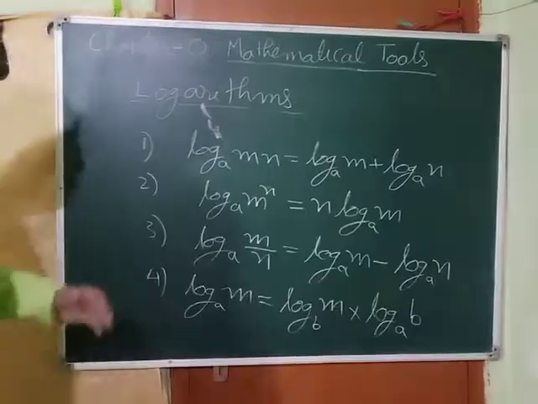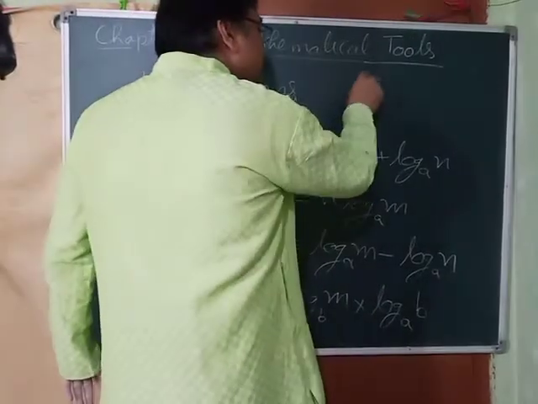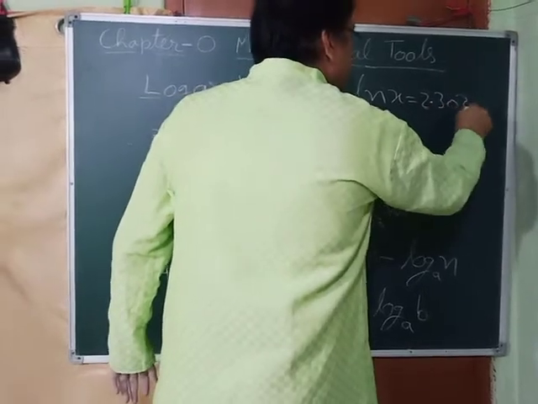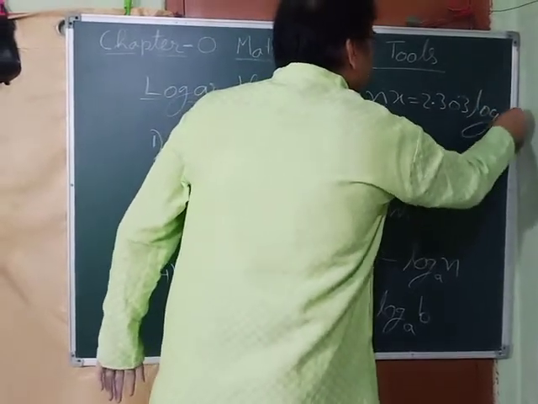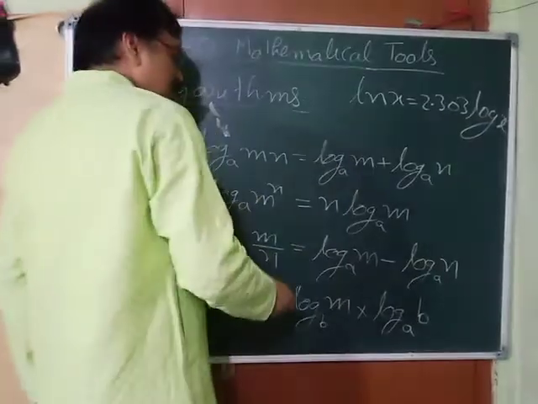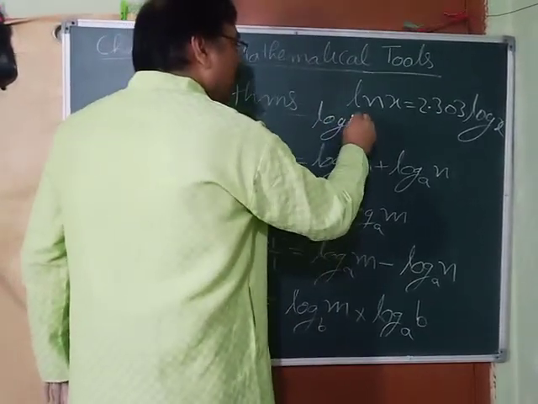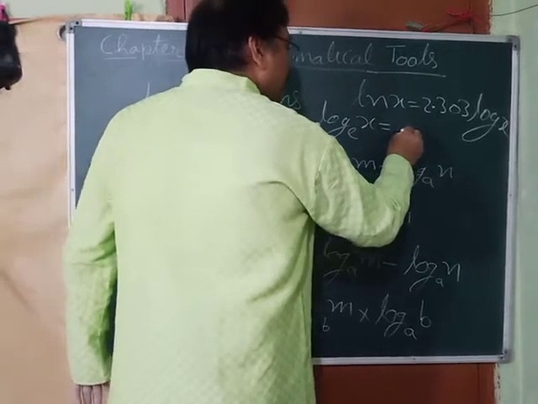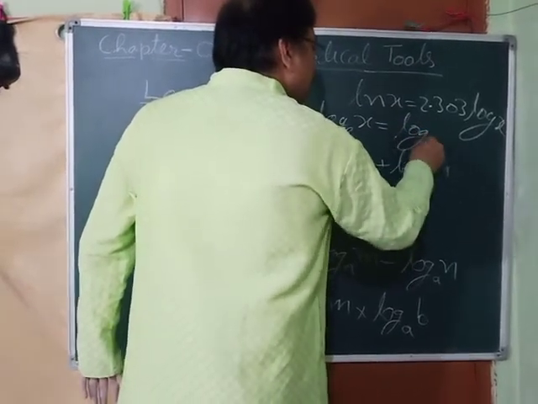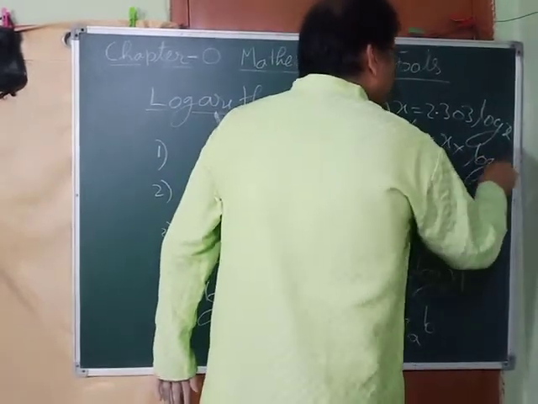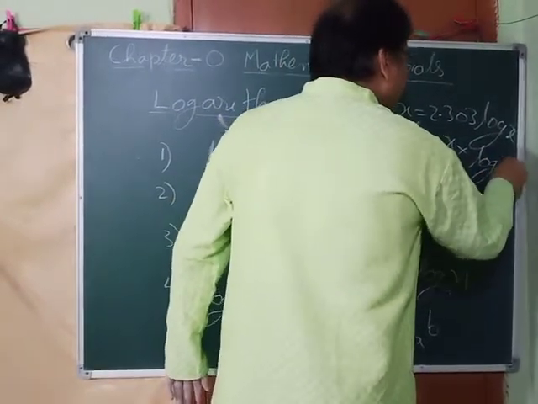That means when we have found out this relation, that is ln x is equals to 2.303 log x, okay, that means what we have done, it was log to the base e of x equal to log to the base 10 of x multiplying log to the base e of 10.